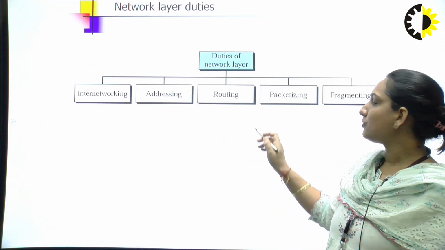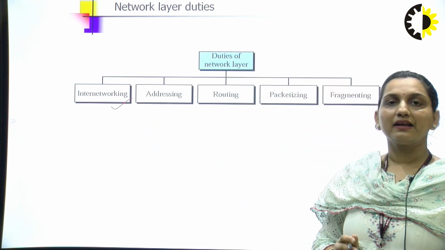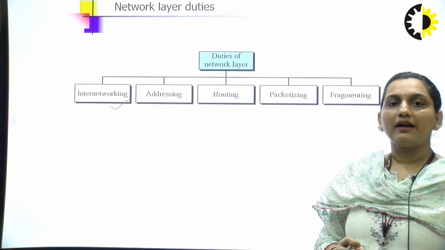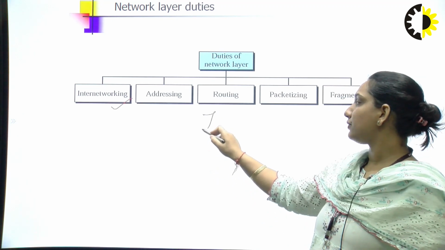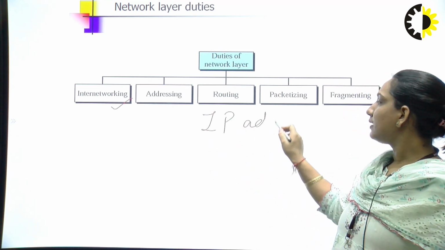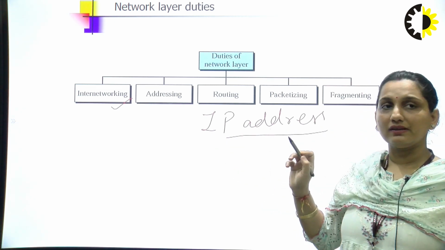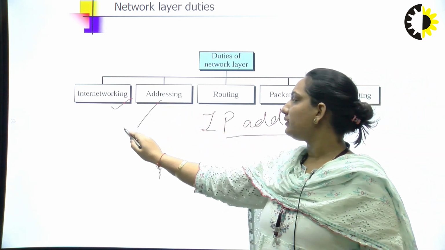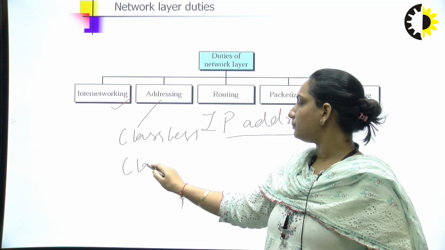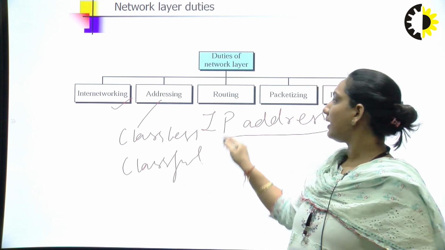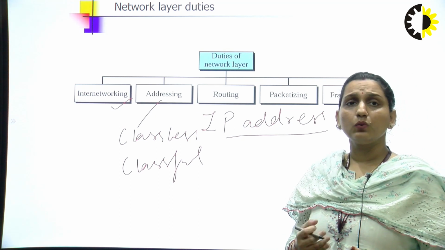So what are the duties of the network layer? Internetworking: this layer has to deliver a packet from the source to the destination, for which we need an IP address. We will see what the IP address is for and what its notations are. Addressing is done in two ways, classful and classless. Then routing, both static and dynamic routing.